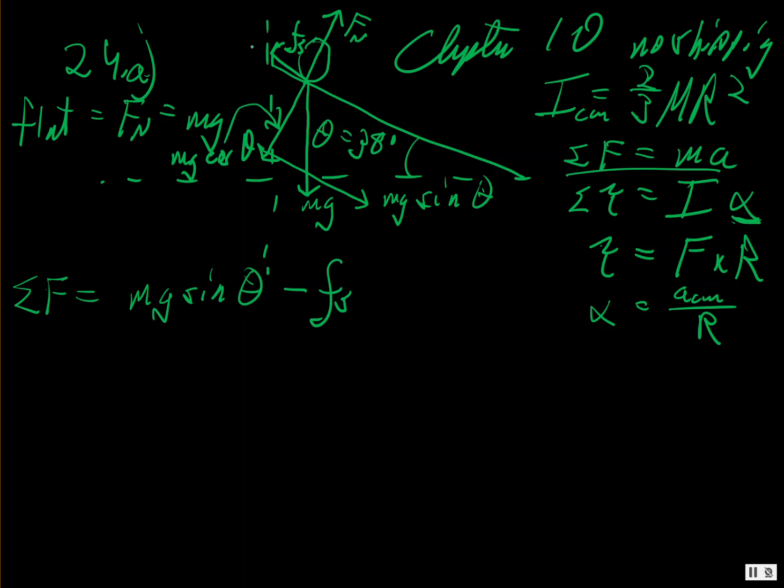We've already drawn that. And it's all equal to ma. So it's accelerating down the ramp due to the weight at an angle, and it's also being affected by the static frictional force, which will be subtracted out. Well, that's great, isn't it? So we know that, but now how do we find the static frictional force?